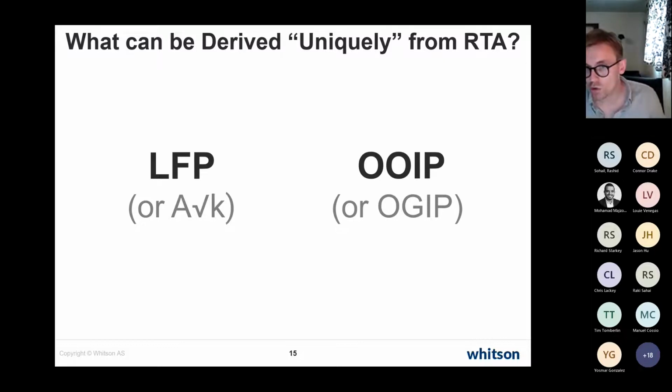But it's also important to remember in what circumstances we can actually quantify these, because in theory we can derive both of these from RTA, but we also need to know which flow regimes we can derive them from. So LFP we can only observe at the correct value during infinite acting linear flow.